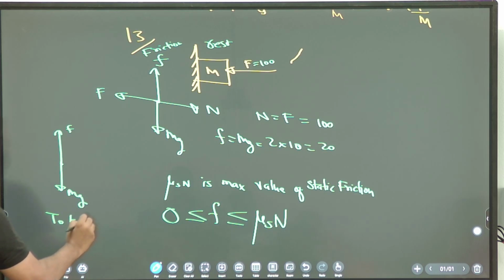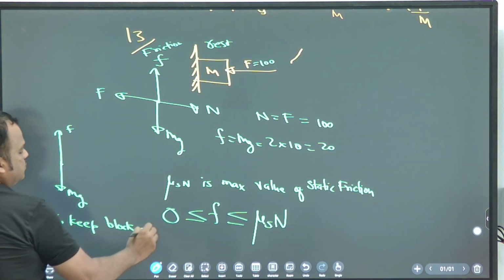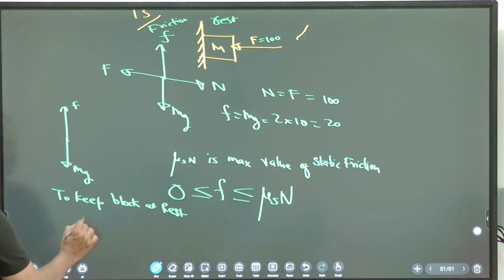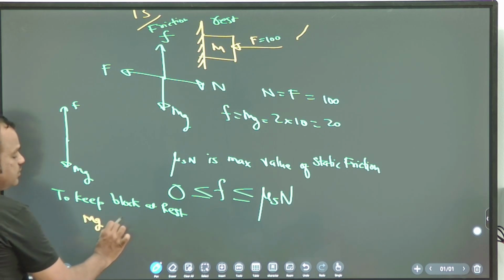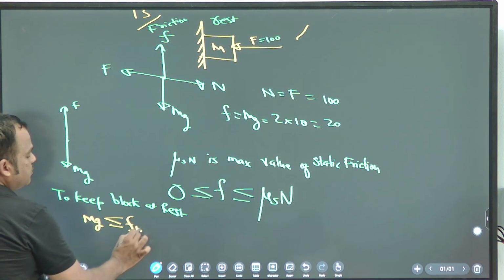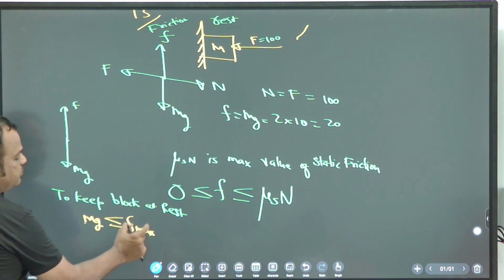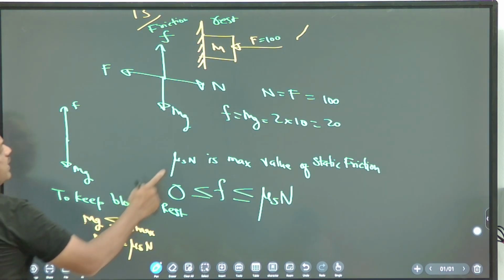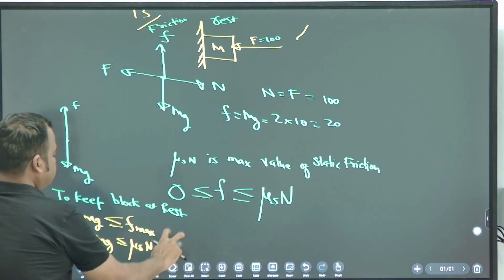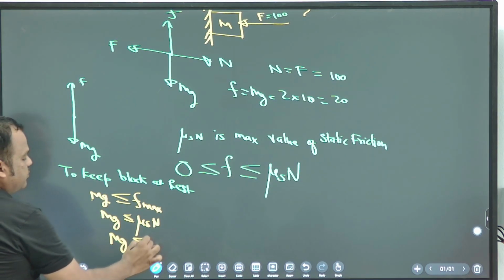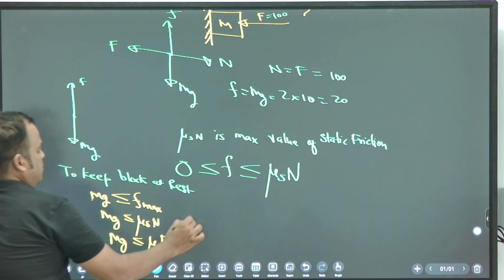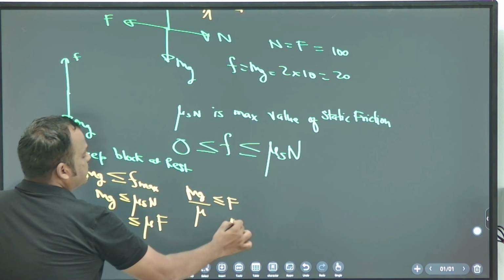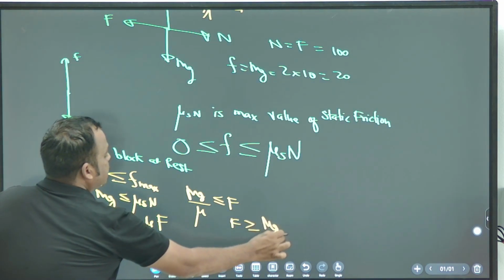To keep the block at rest, mg must be less than or equal to maximum friction, which is mu s n, and n is F. So mg is less than or equal to mu F, so F must be greater than or equal to mg by mu.